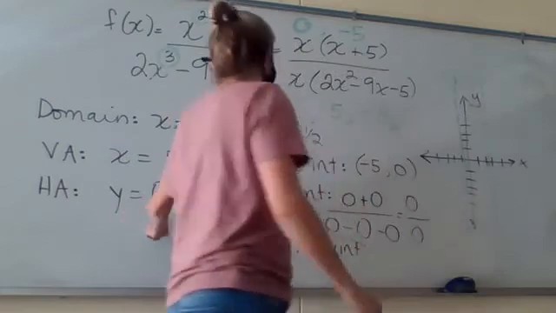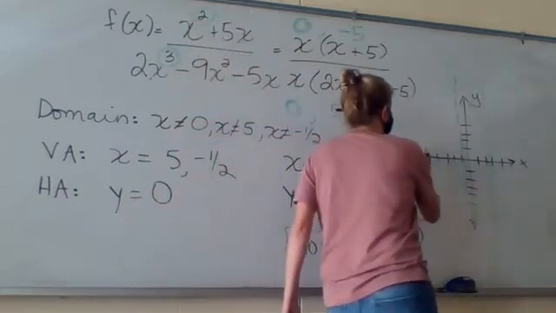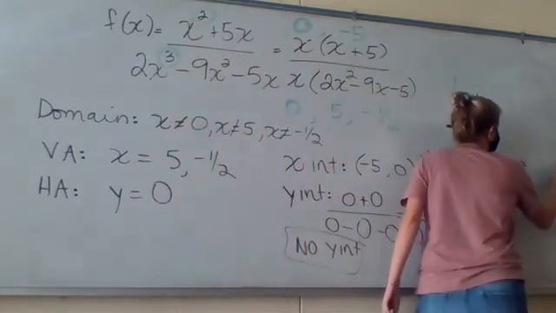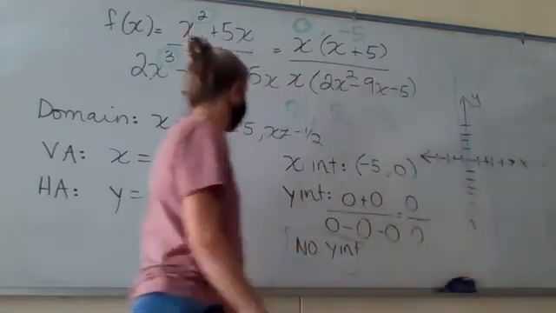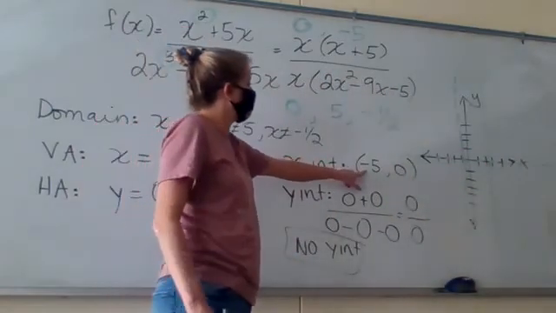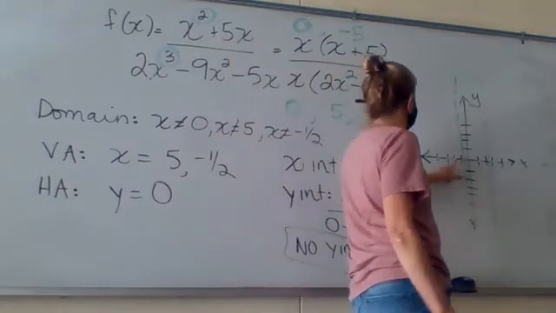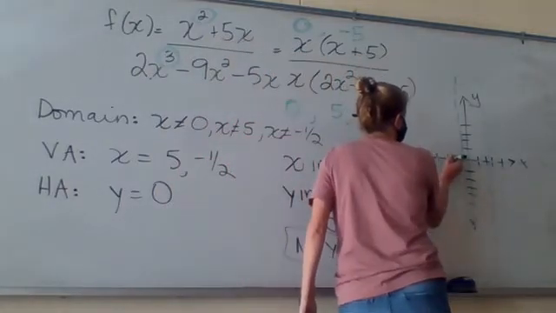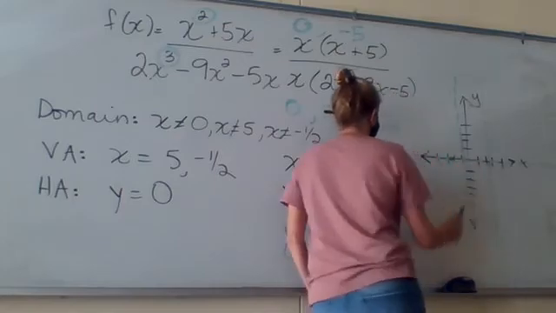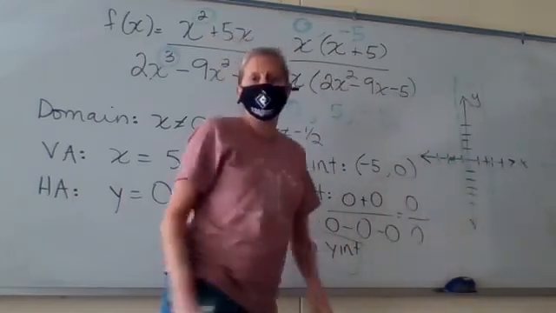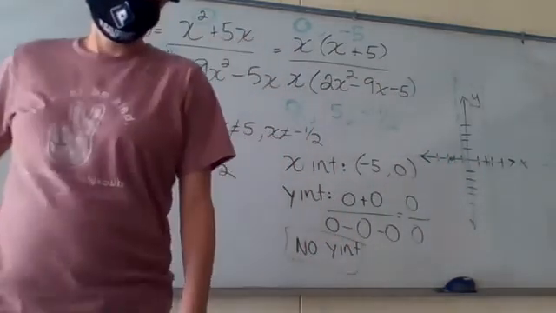Let's see, the horizontal asymptote is at y equals 0, which is right on the x-axis. It's going to cross through the x-axis at -5. So -2, 4, so -5. It's not going to cross the y-axis.